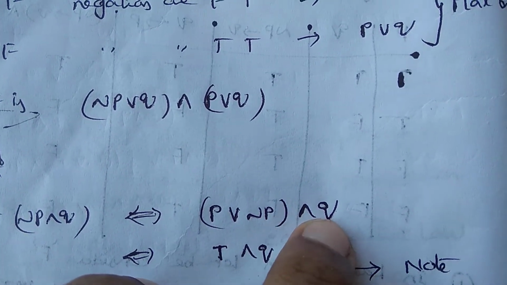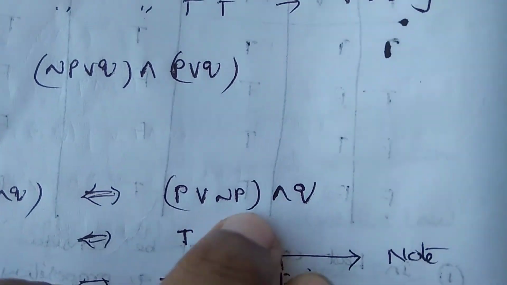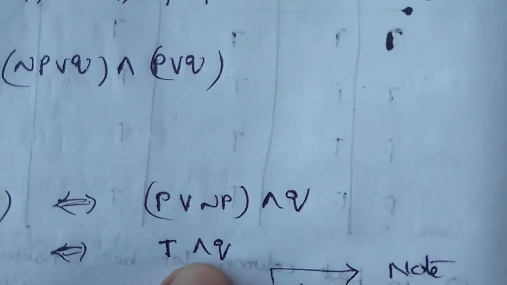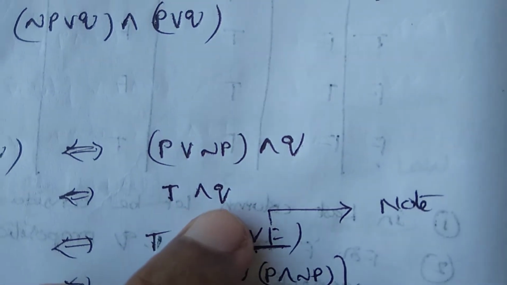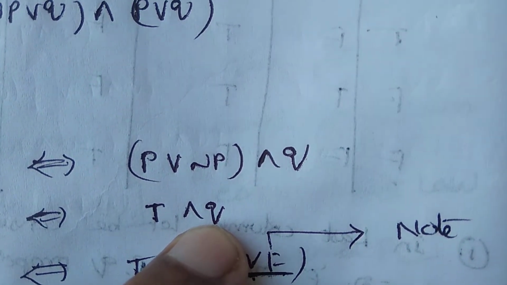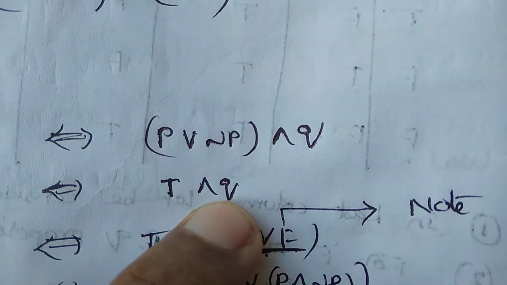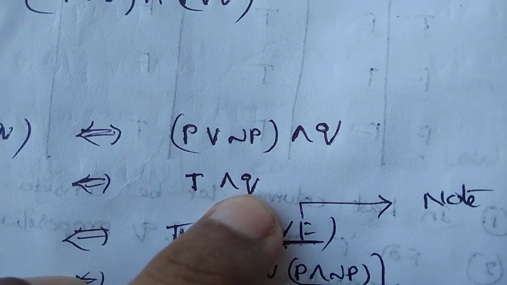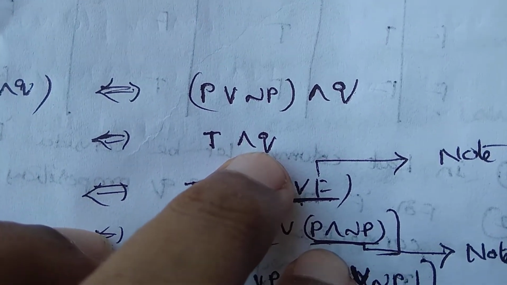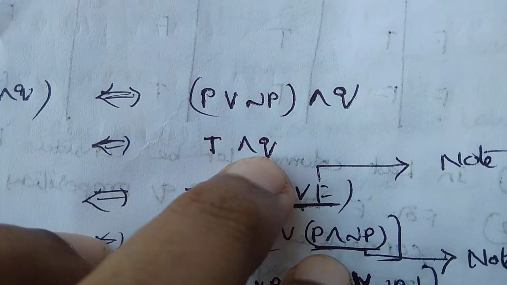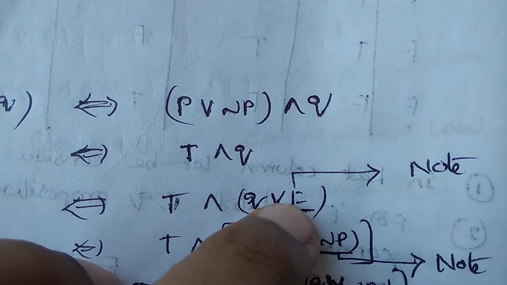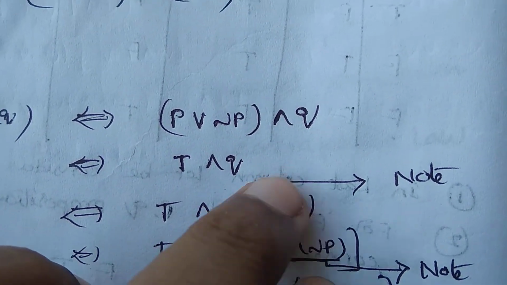We can simplify it like this: (P or negation P) and Q. P or negation P is logically equivalent to T, so it becomes T and Q. If only one statement is there, but we have to get two statements with the AND symbol and OR symbol, then to get the PCNF form, keep in mind that for a single statement, you can write Q or F. This is an important note.